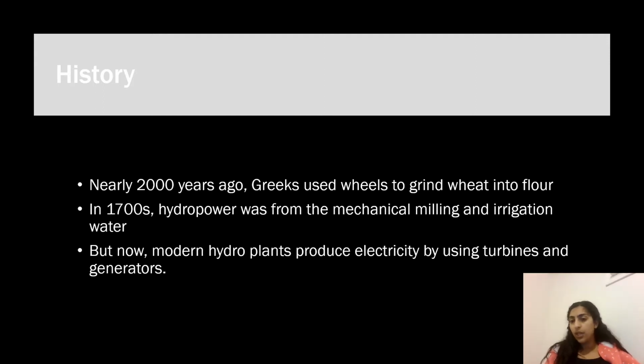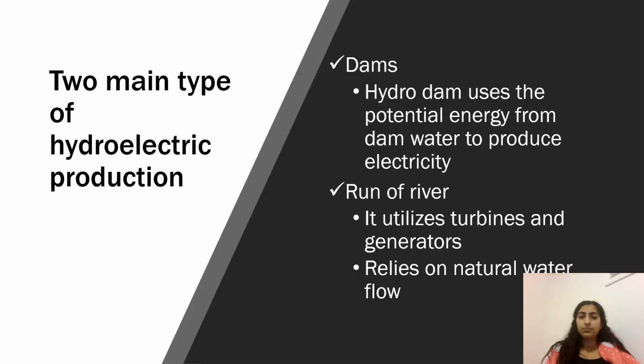As of today, we have turbines and generators to do the same job as wheels did a long time ago. Now we use turbines and generators to produce electricity using water in hydro plants.